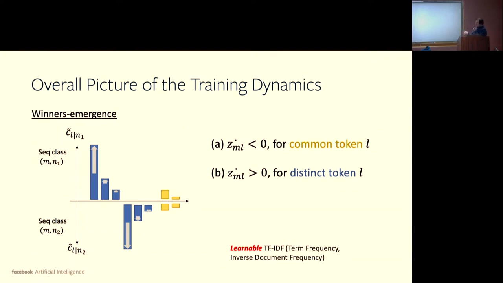If people have been working on NLP before the transformer era, they may have heard about this TF-IDF formulation, which means you want to find words that have a high frequency, but also want inverse document frequency. The first term captures very important words for each class.